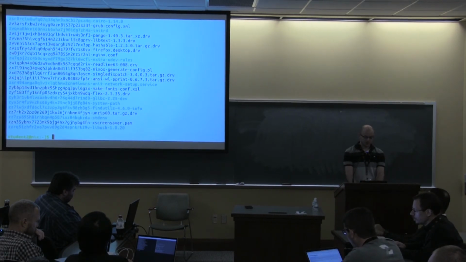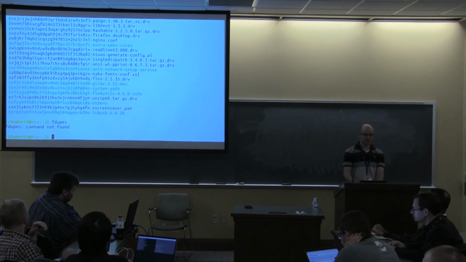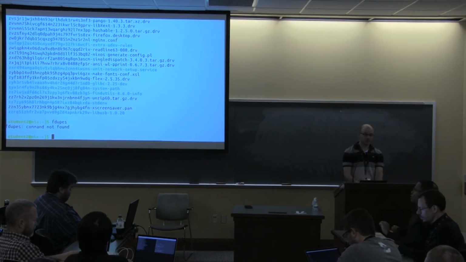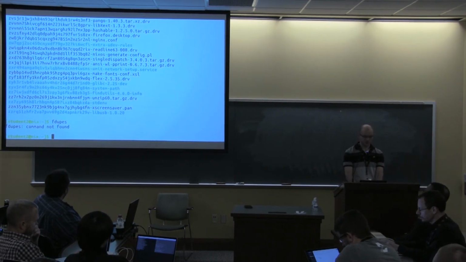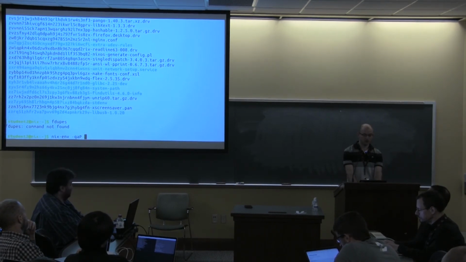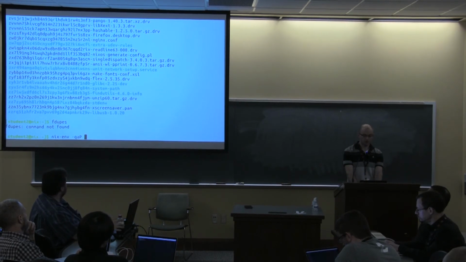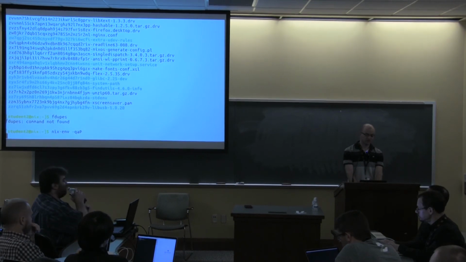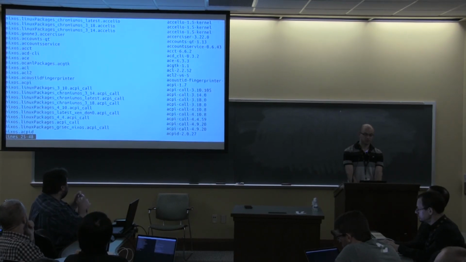If you try to run fdupes, you'll see that it's not installed. But that's a package that's available in Nix, so we can search for it with nix-env -qaP. You'll often use a capital P. We don't need it here, but I'll just throw it in. I want to search the Nix package repo, and that will give me a list of all the packages, which maybe isn't that useful.